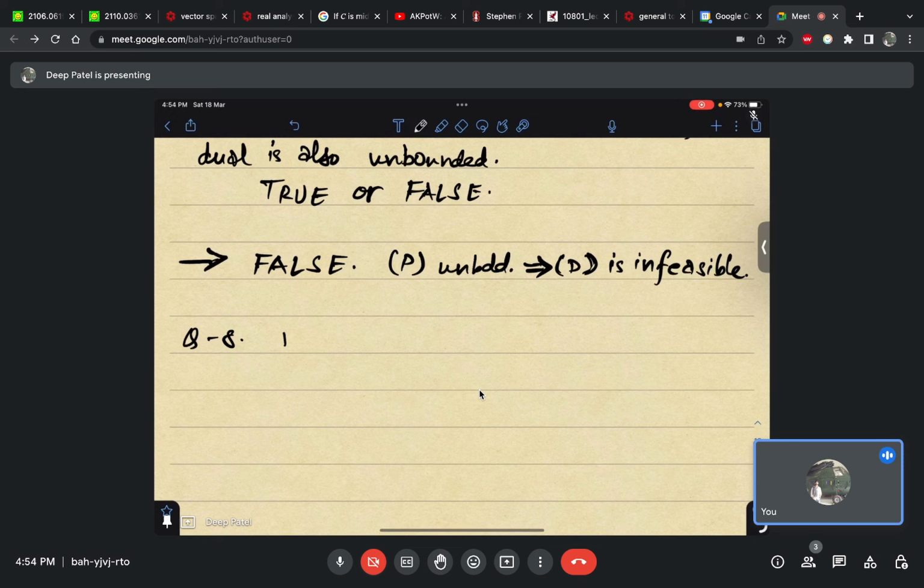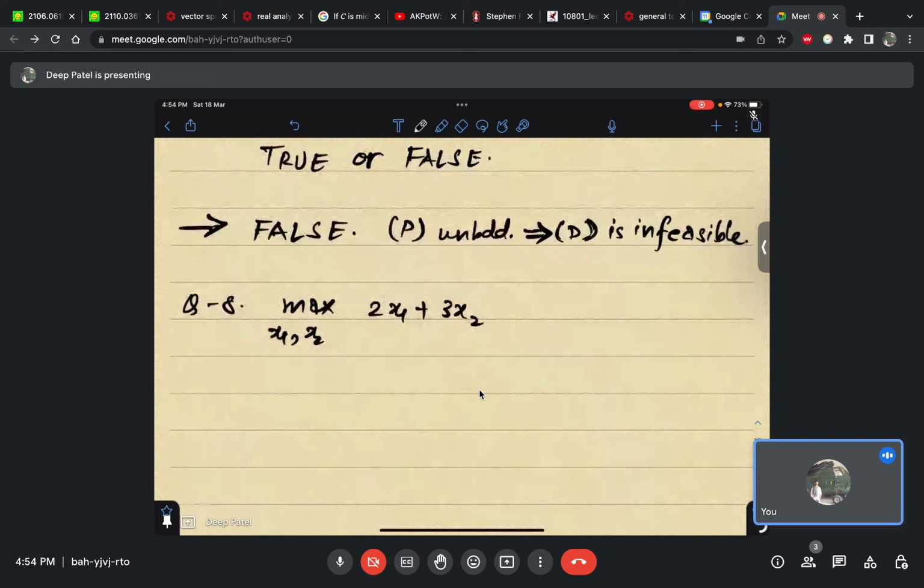So the next question says, again we are in the realm of linear programs, so we will continue to look at different situations, but still they are LPs.